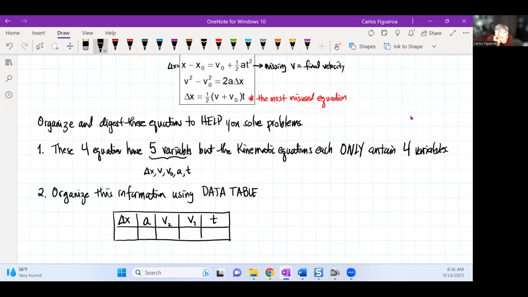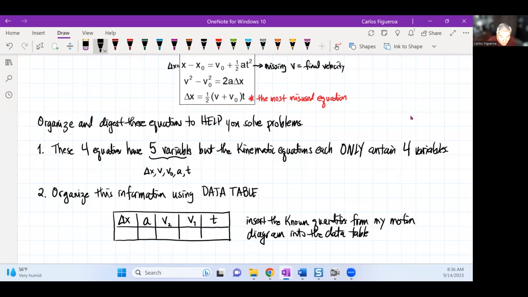And what this allows me to do is insert the known quantities from my motion diagram into the data table.